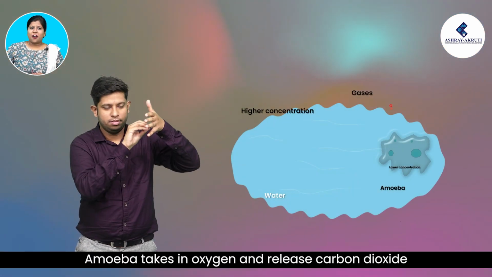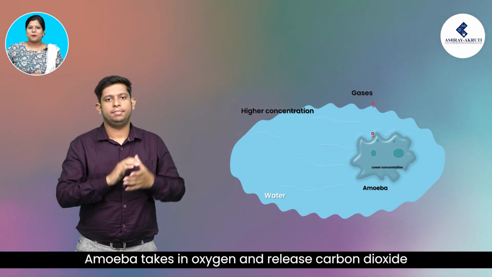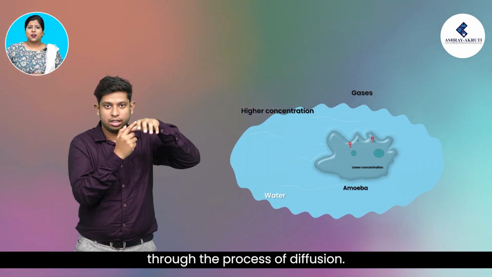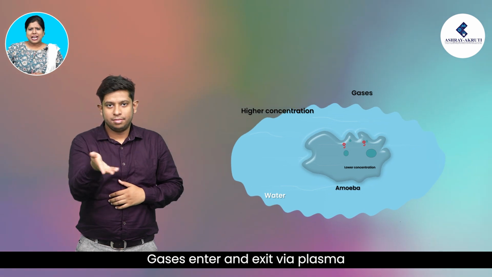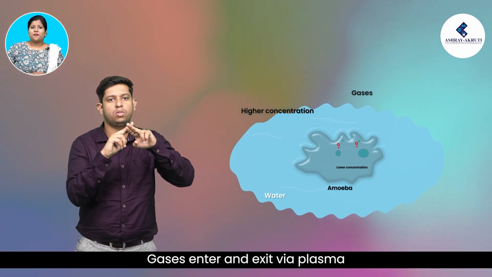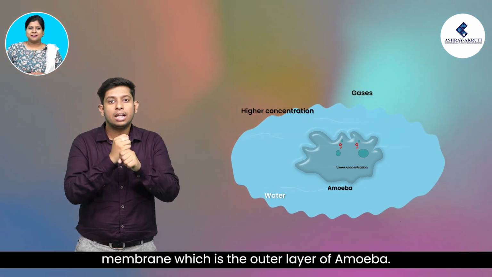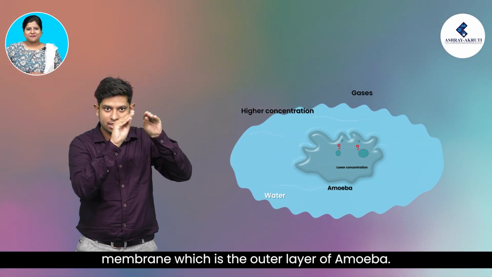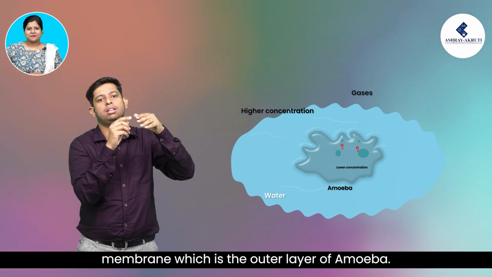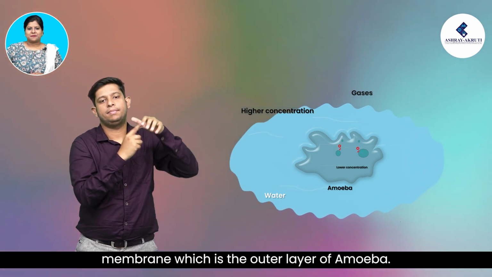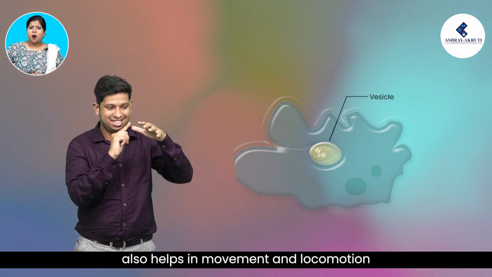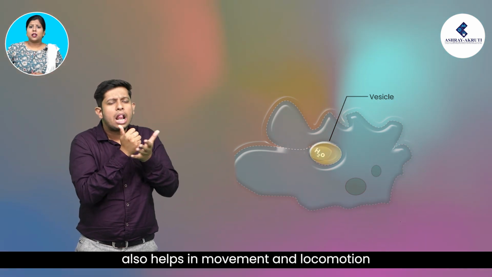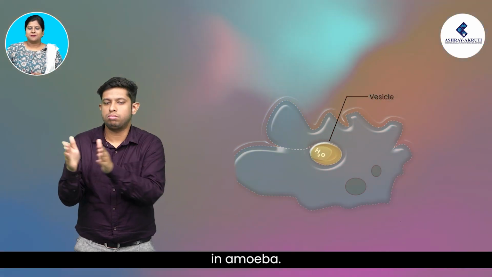Amoeba takes in oxygen and releases carbon dioxide through the process of diffusion. Gases enter and exit via the plasma membrane, which is the outer layer of the amoeba. Pseudopodia also help in movement and locomotion in amoeba.